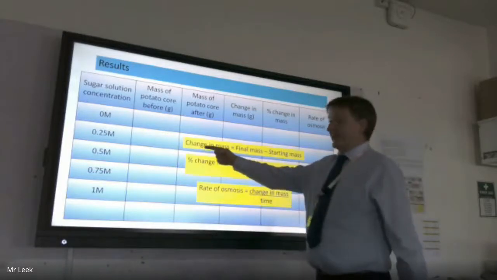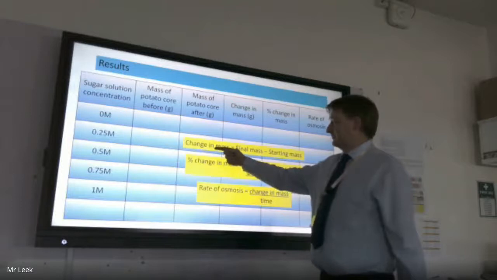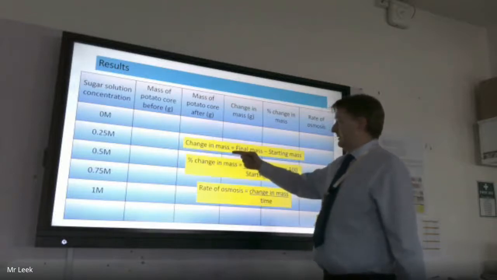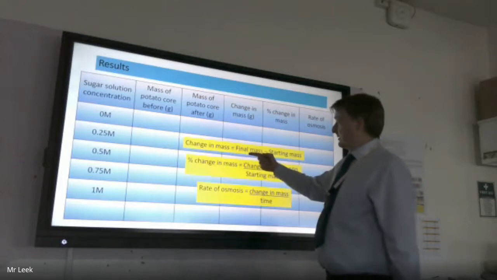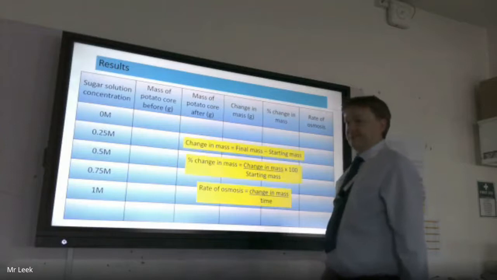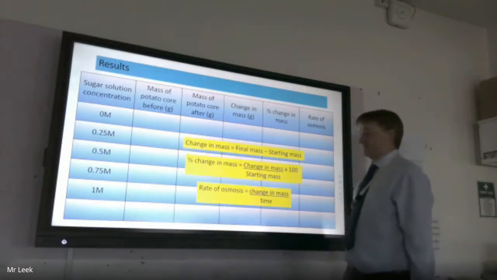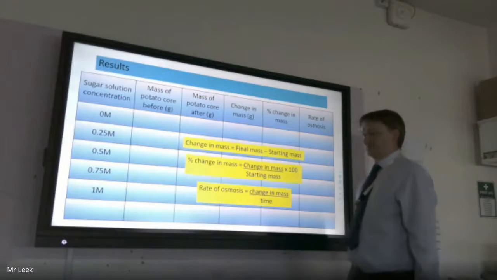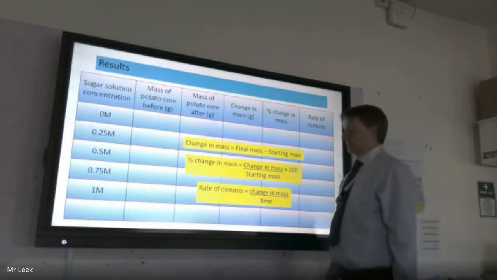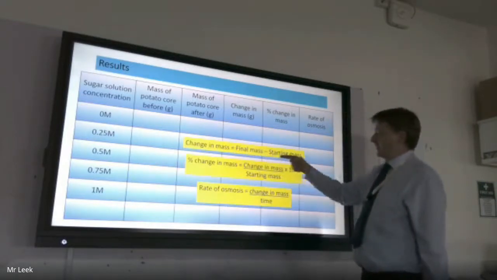The first one here says, change in mass equals final mass take away starting mass. Tell me when you're done. So change in mass equals final mass minus starting mass.